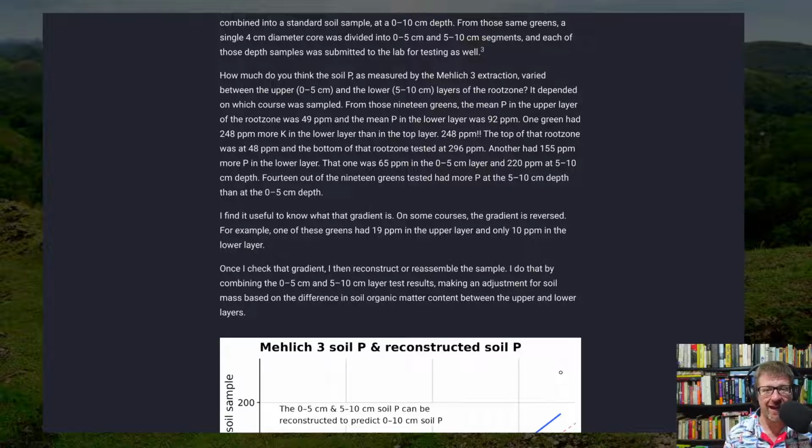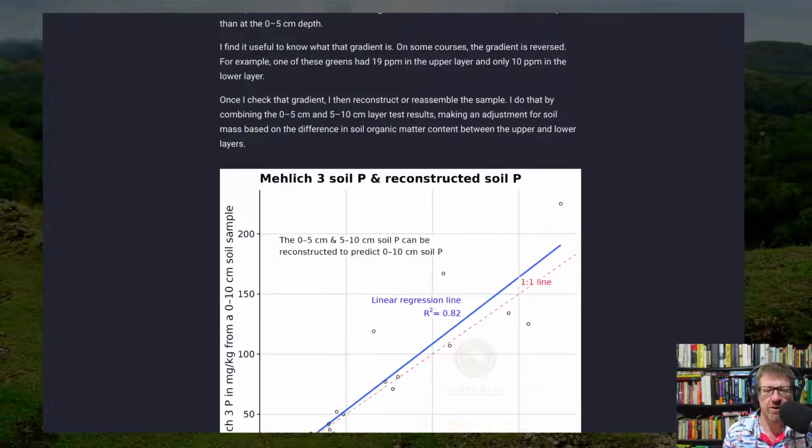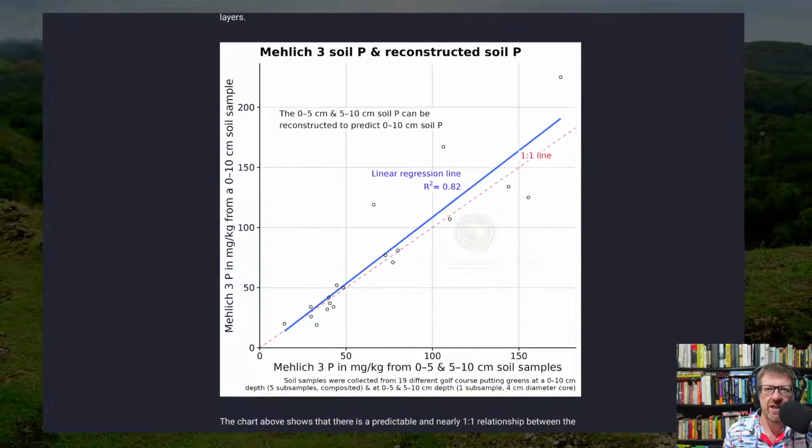Because we get an organic matter value for each one of those depths, we can find the bulk density of that layer, and we can use the bulk density to merge those back together to reconstruct the upper layer and the lower layer accurately with a proper adjustment for the bulk density or the mass of the upper layer and the lower layer.